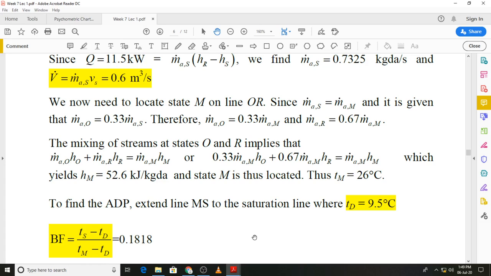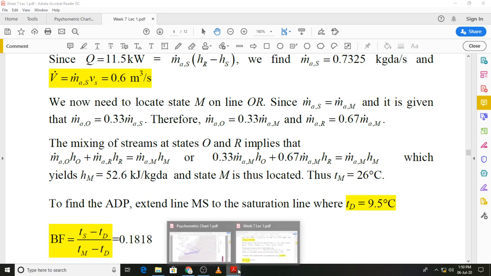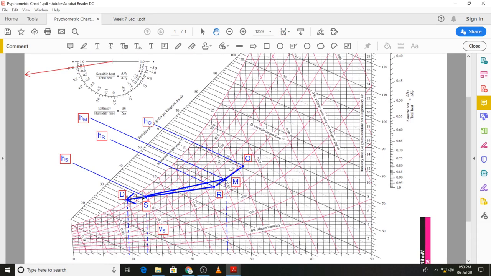So all I have to do is to extend the line ms up to the saturation line and then read the temperature at that point, which you can again see has been done at the apparatus dew point shown by the letter D. We have got the temperature, which is 9.5 degrees C. Okay, so that is the apparatus dew point, and then we can find out the bypass factor.